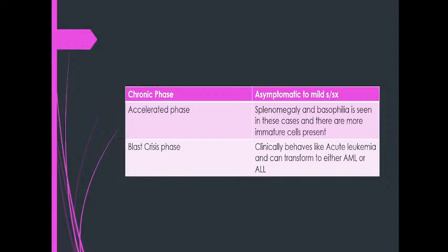So it transitions from a chronic phase, wherein there are just elevated levels of mature forms, to an accelerated phase, where slowly but surely there are increasing amounts of blast cells in the peripheral blood, and then the last phase, the one with no good prognostic outcome, is the blast cell crisis.